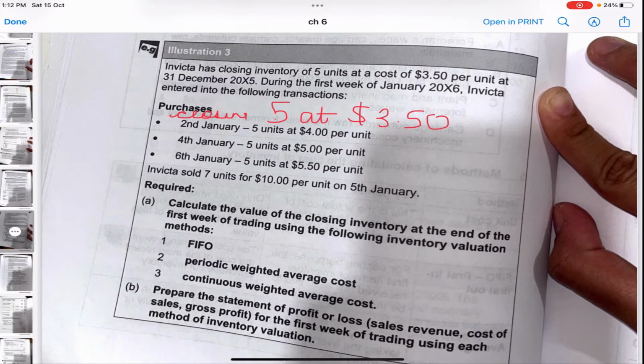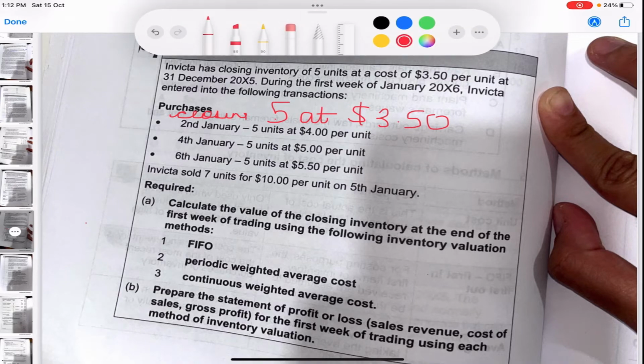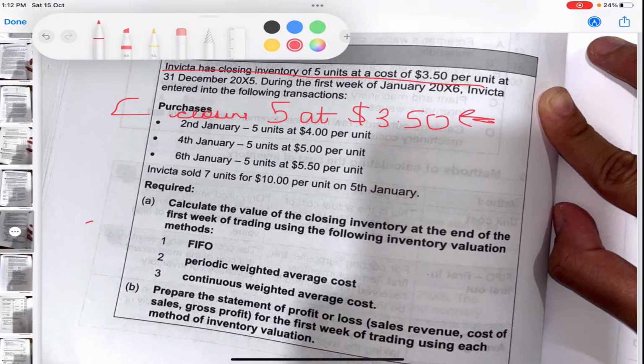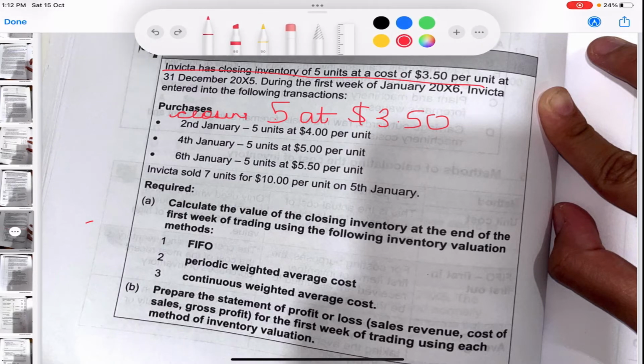You need to find the total amount of purchases divided by what? The number of units. I have already explained in the previous one that you always have to include the closing inventory also. So that will also be included in the purchases. That is why we have written it here. Clear about that? Now tell me, what is the total amount of purchases?